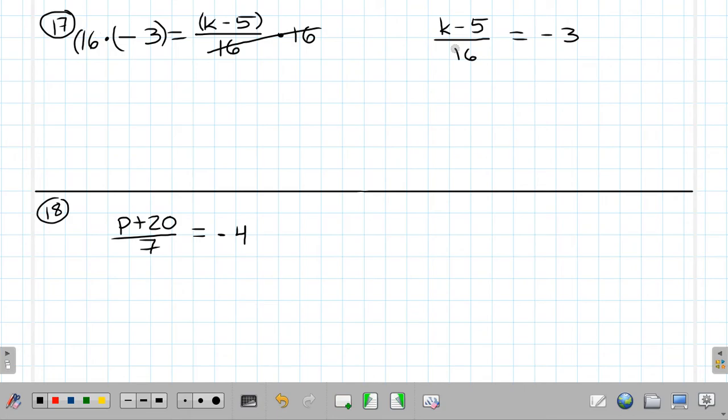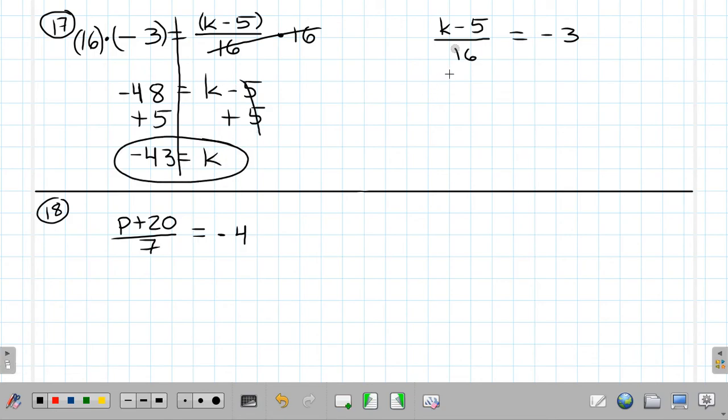Once again, I'm going to put parentheses in here so I know it's not 16 minus 3, it's 16 times negative 3, which is negative 48. And then we get k minus 5, so our next step is to add 5, which would be negative 43.